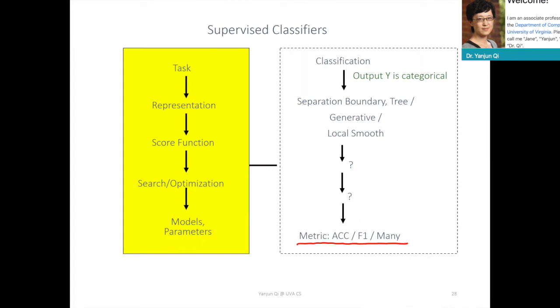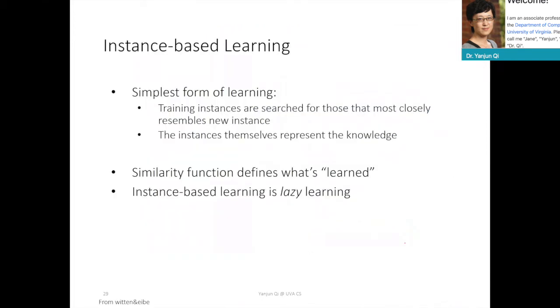Okay, so what is instance-based learning? This is the simplest form of machine learning. The training instances are just searched for the neighbors that most closely resemble the new X, the question mark. The instances themselves represent the knowledge.